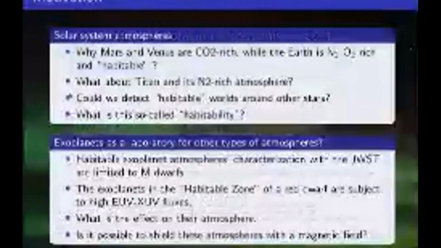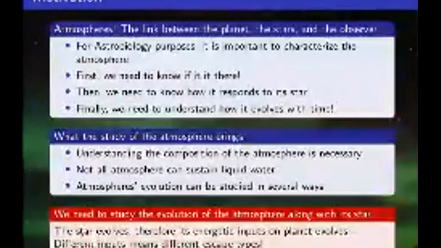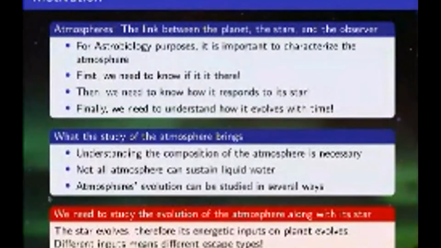So yes, I was saying that we need to study the evolution of the atmosphere along with its star. And of course, we need to understand a lot of things, because we cannot just stop at the escape. We have to understand that an atmosphere is basically a kind of equilibrium.